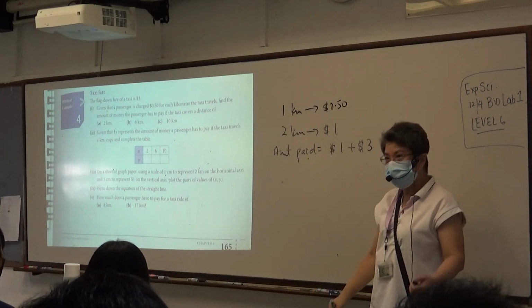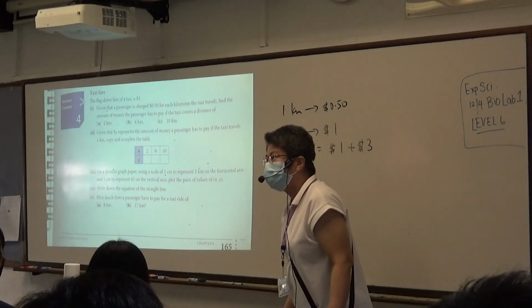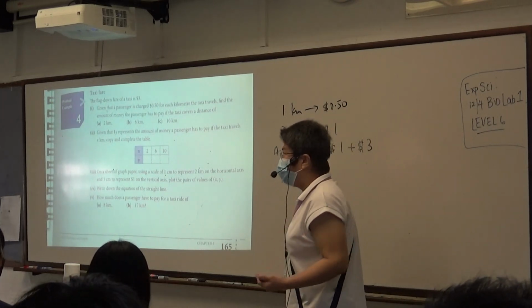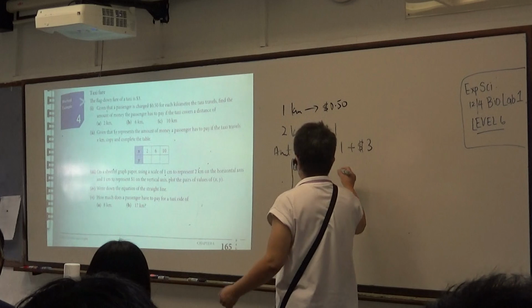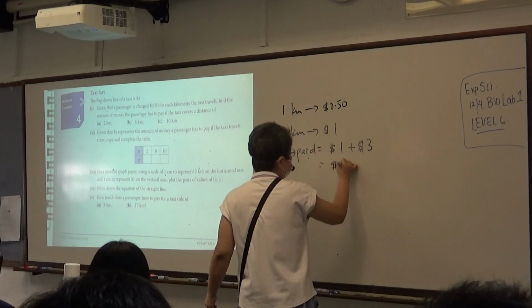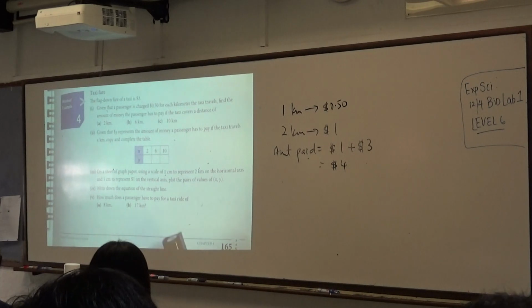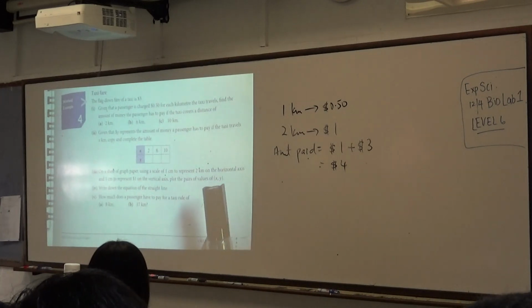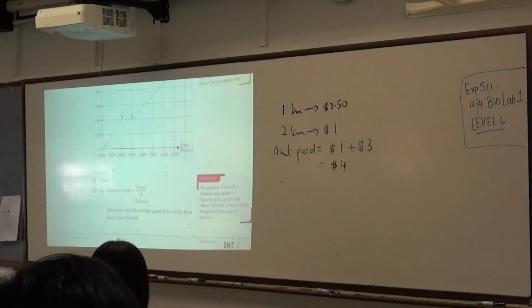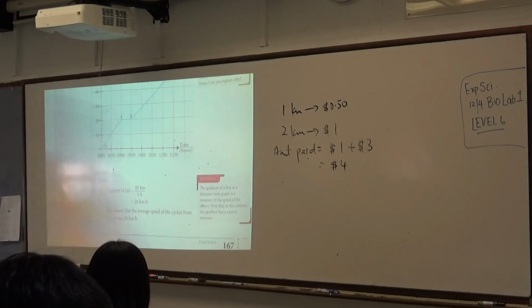Agree now? Why must I plus $3? Because the flat down fare is $3. So this one will be $4. Am I right to say that? Yes or no class? You must understand the question. So this one is $4.